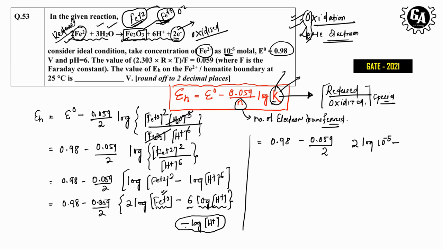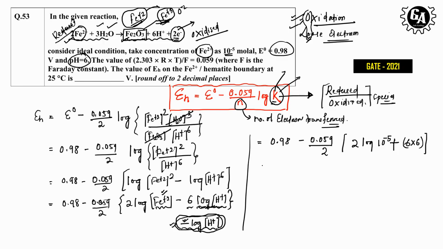And remember, I am taking this negative sign also, because pH is the negative logarithm of H+ concentration, so that it will be positive. Instead of minus log H+, I am taking the pH value of 6. It is given pH 6. So 6 times 6, this is your 36.